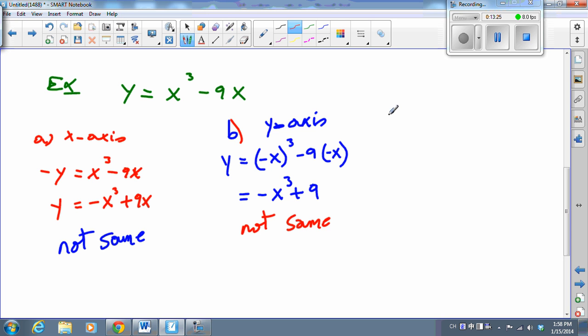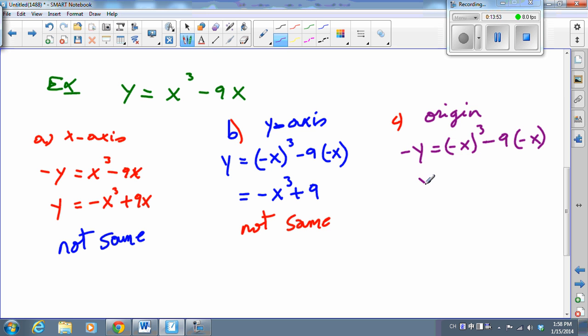Let's check for the origin. For the origin, you replace y by -y and x by -x. Let's see if we get the same thing.